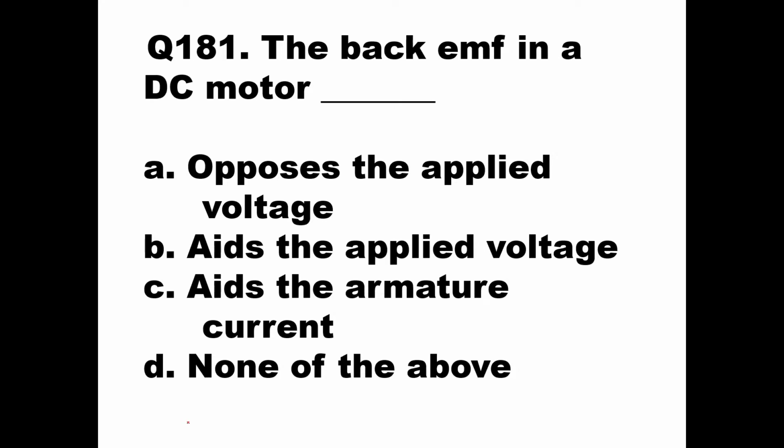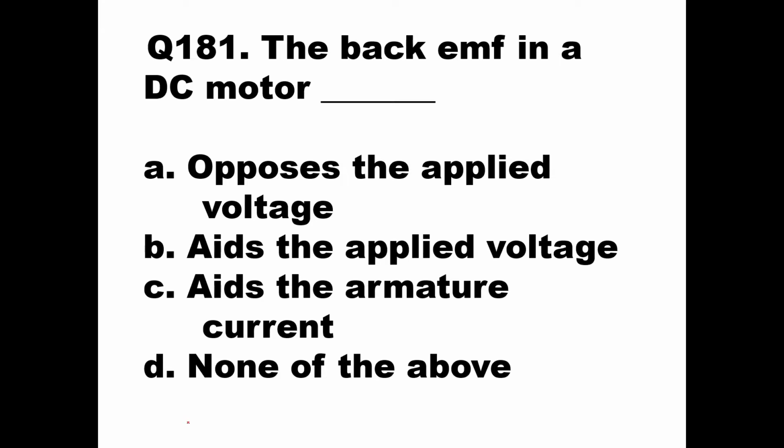Question number 181. The back EMF in a DC motor, that is the EMF which is induced, will oppose the applied voltage, aid the applied voltage, aid the armature current, or none of the above.